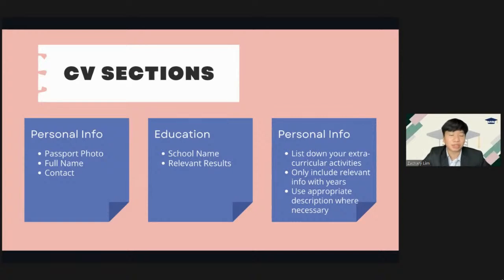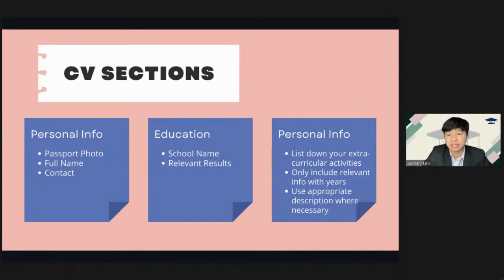So this appropriate description, what it means is that if there is a particular activity that has a name which is quite vague, you can actually explain what that activity particularly means. But let's say you have an activity or a position like head prefect of XYZ school. You don't need to describe because people already know that you're the head prefect.